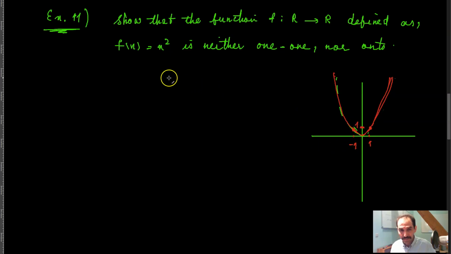So you can say that f of negative 1 is equal to f of 1 is equal to 1.